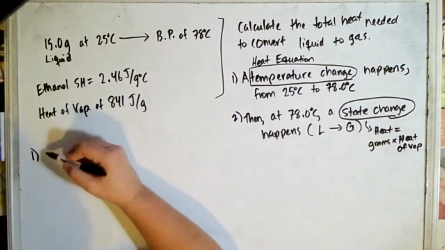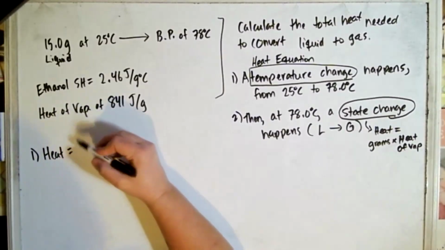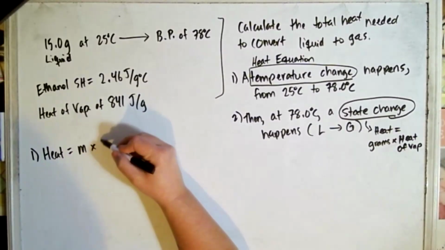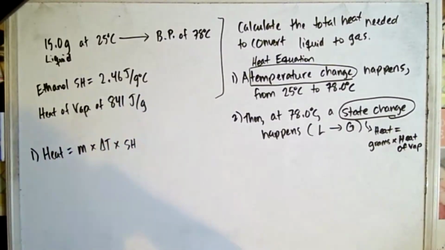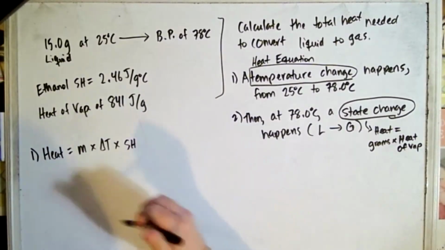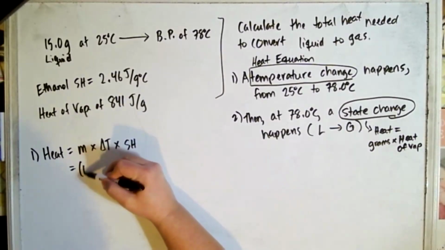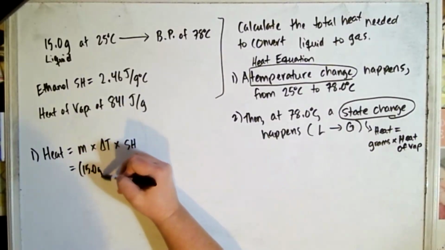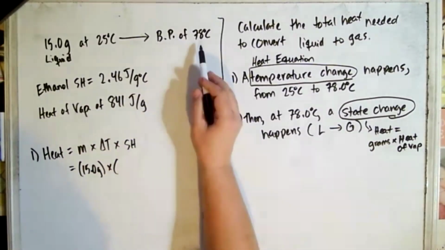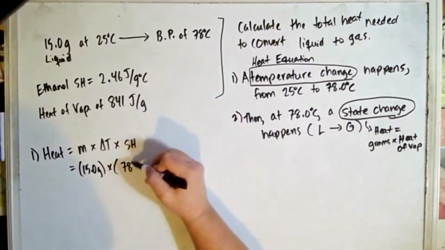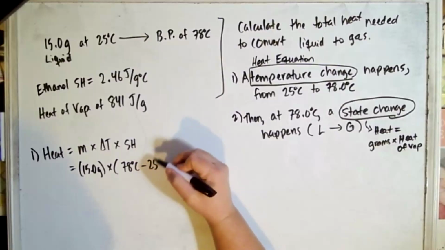So heat equals mass times delta T times specific heat. We have all of that information. They gave us all that information. The mass is 15 grams. Our temperature change is going to be our final temperature of 78 degrees Celsius minus our initial temperature of 25 degrees Celsius.